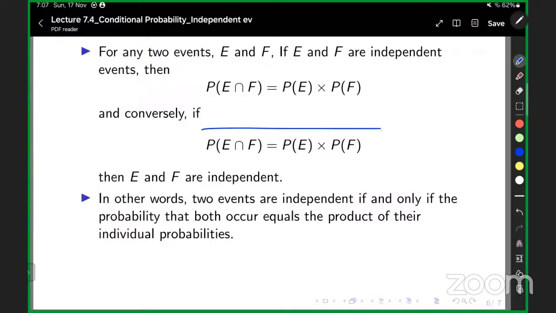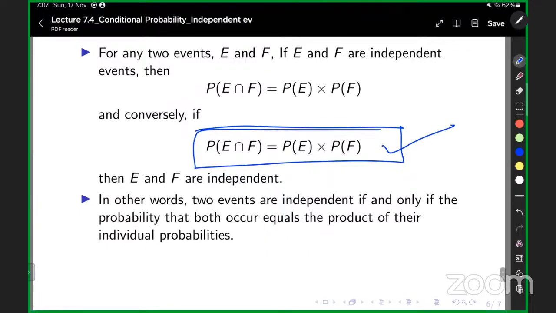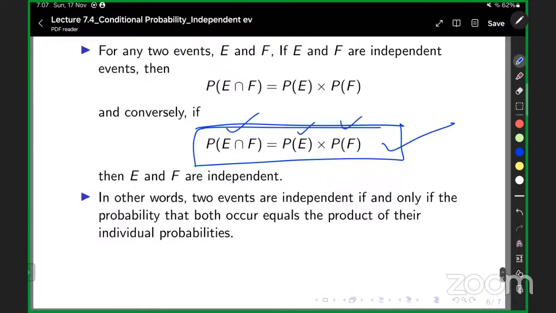Most likely, because we don't know whether they are going to be independent or not. But if you use this formula, P of E intersection F is equal to P of E multiplied by P of F, and if both come up equal, then you know that they are independent events. Most likely all three of them will be known to you.